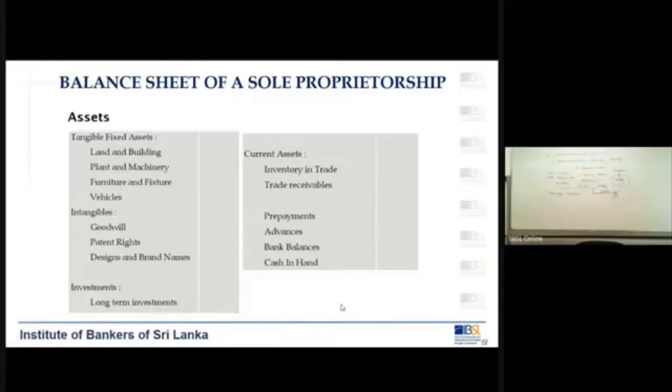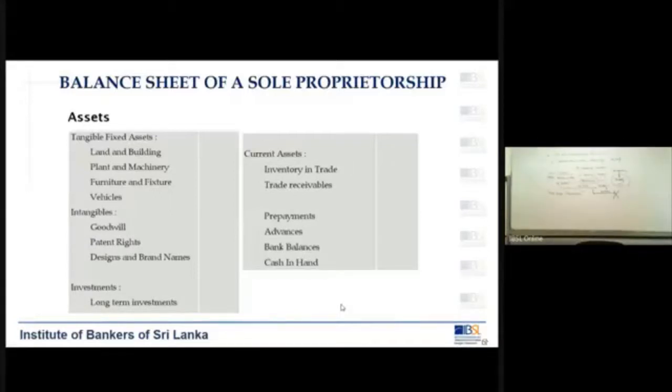Now the Singer brand has a brand value, and it depends on how popular it is among the public, whether when you say Singer, people recognize the product. So it is the brand name that we are talking about, the goodwill. The goodwill cannot be touched and felt, so it is something intangible.